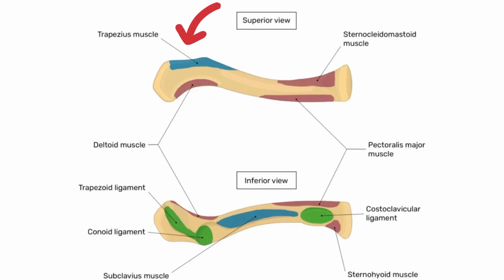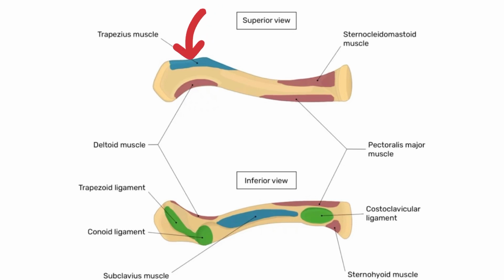This trapezius muscle is painted blue, and blue simply means that it is inserting wherever it is painted. So the blue illustration shows that a muscle inserts in that particular place. Therefore, the trapezius muscle inserts into the posterior border of the lateral one-third of the clavicle.